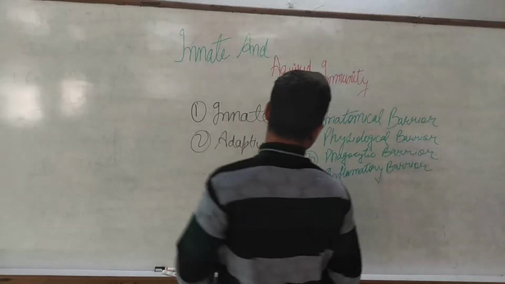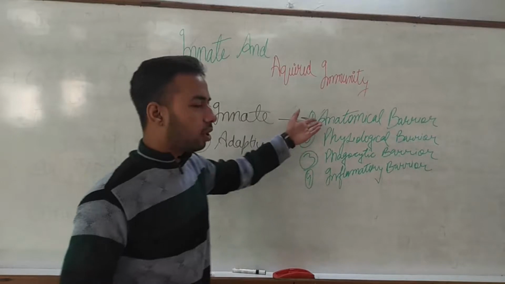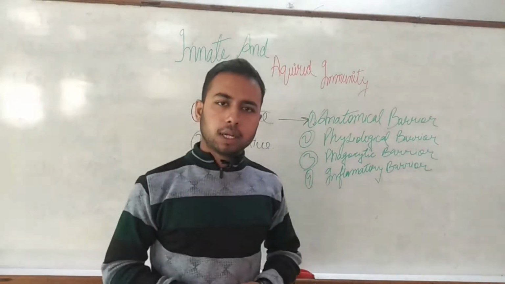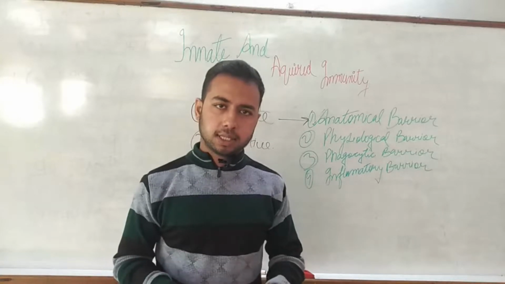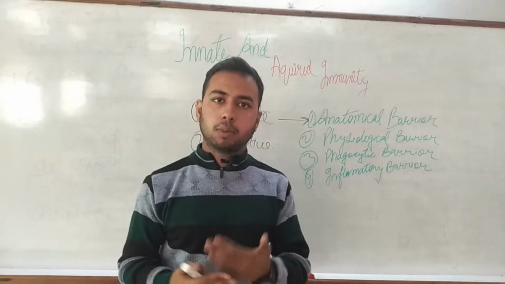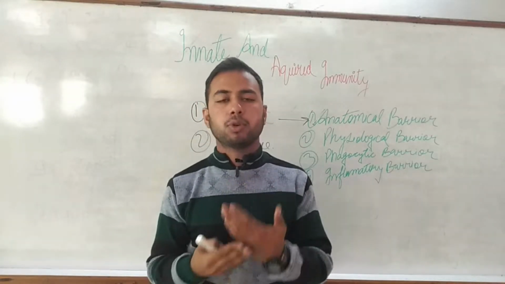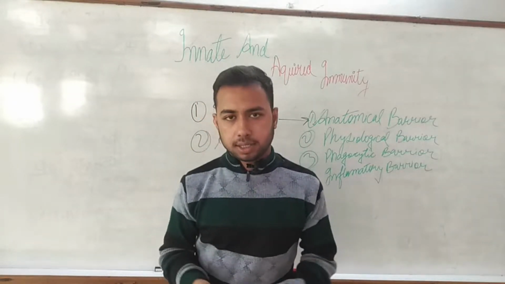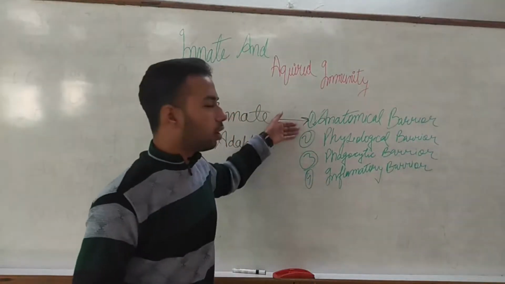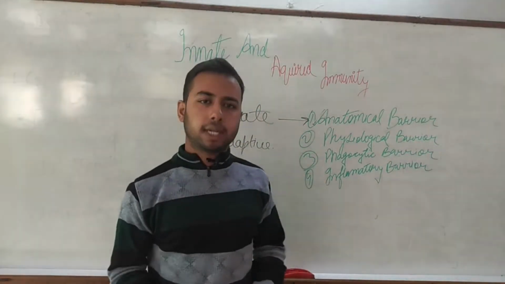Firstly, let's talk about the anatomical barrier. The anatomical barrier is the barrier on the surface of our body, meaning the skin, the mucus layer, saliva and tears. These are all included in the anatomical barrier. Anatomical means outer ones.